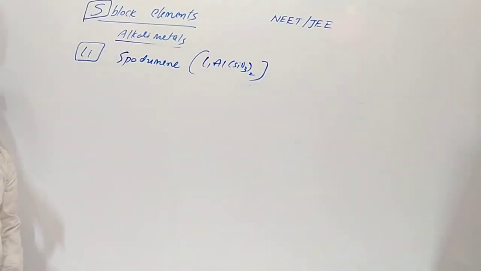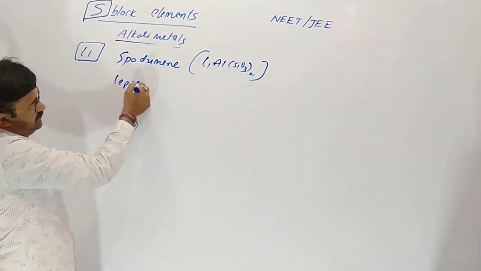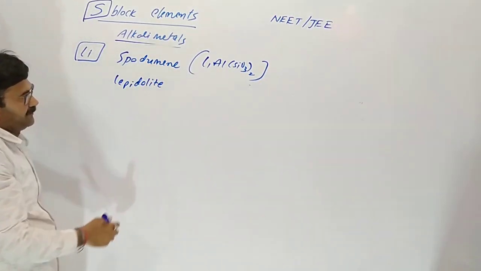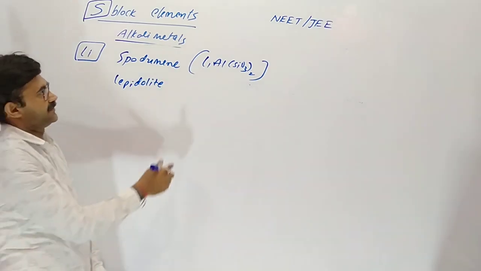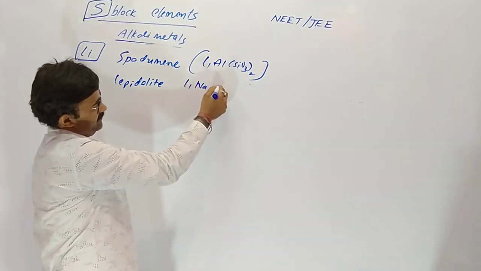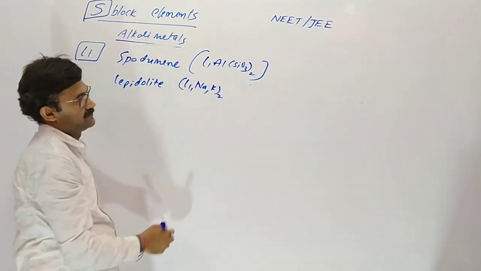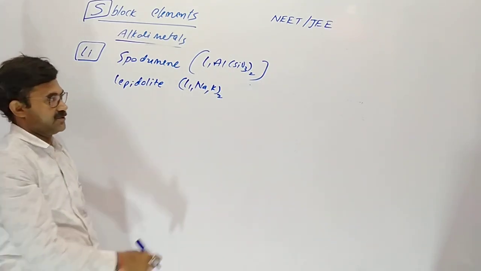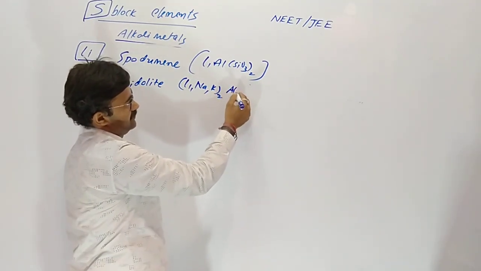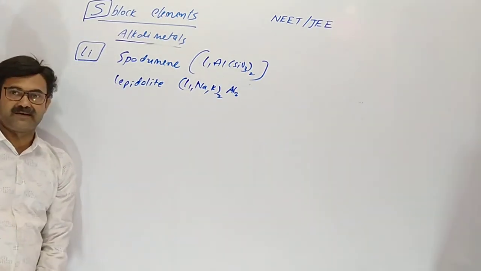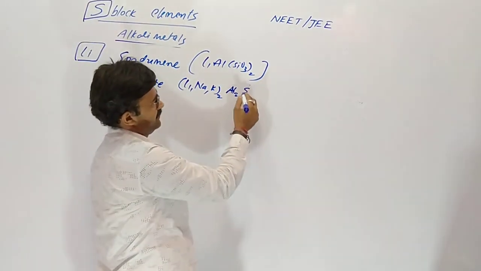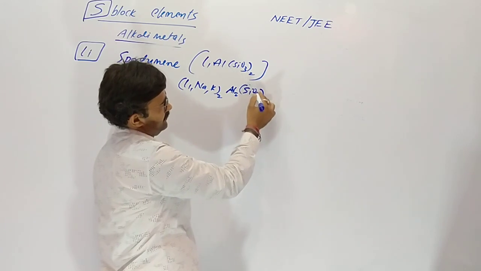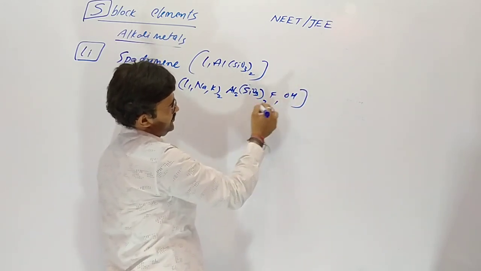Then lepidolite, which contains lithium, sodium, potassium, Al2(SiO3)3 and F, OH.